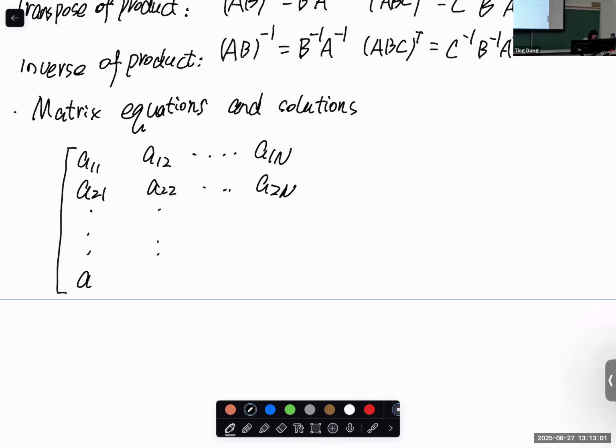The last row we can put as an1, an2, up to ann.